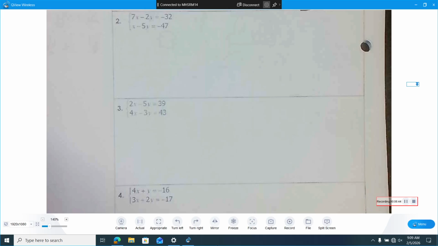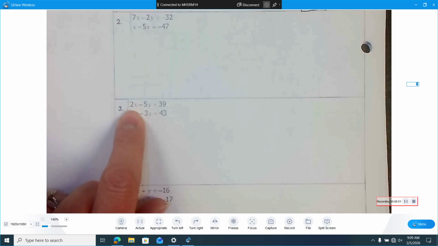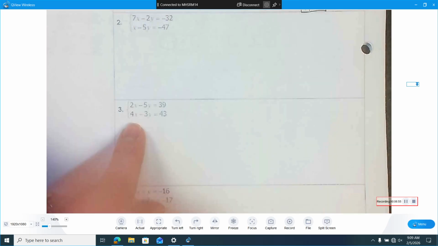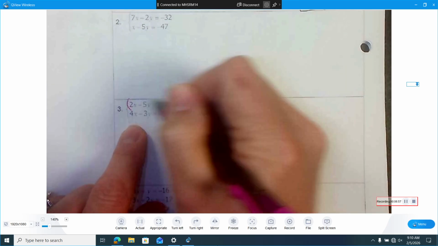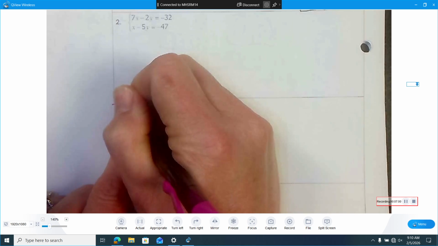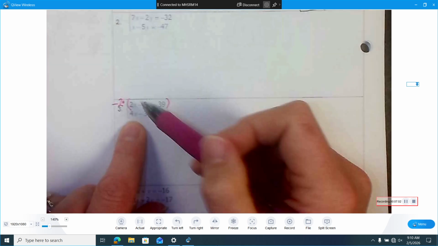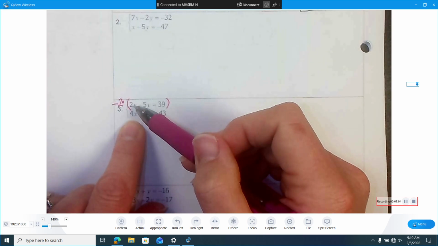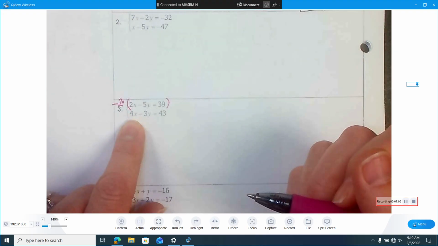But is there a number I can multiply by to make a match? I can multiply the top equation by -2. Very good, yeah. So if I multiply that top equation by -2, -2 times 2x is going to give me that -4x. That would be really nice.